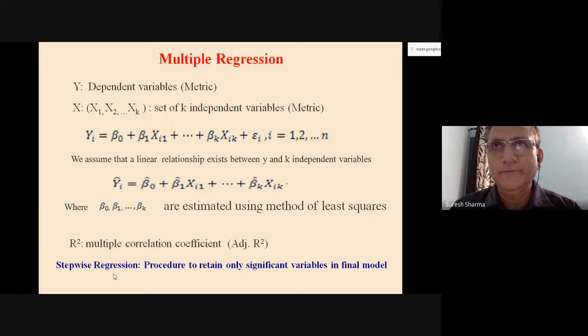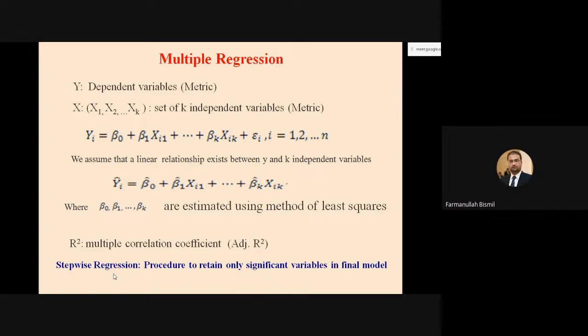You follow my point? For example, let's say yield of a crop. I know it depends upon rainfall, soil fertility, amount of fertilizer, and amount of seed. But let's say I also include the scores obtained by students. Do you think the yield will depend upon the scores obtained by students? No, sir, it doesn't depend.